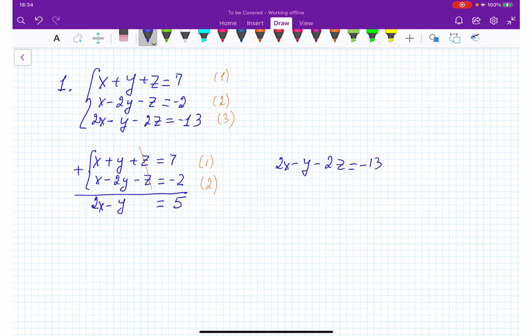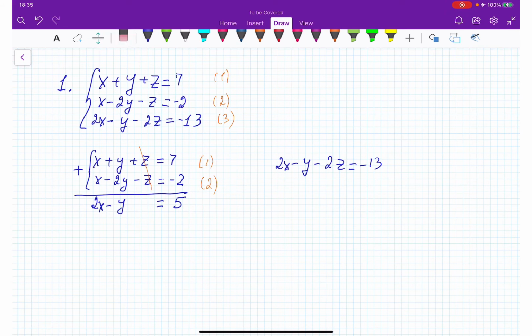So whichever I choose, I have to multiply by 2. I'm going to choose the first one, because my 2z here is negative, and in the first one z is positive. But you can choose the second one, then you have to multiply by a negative number.